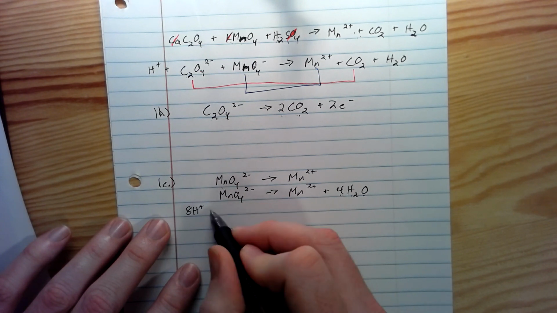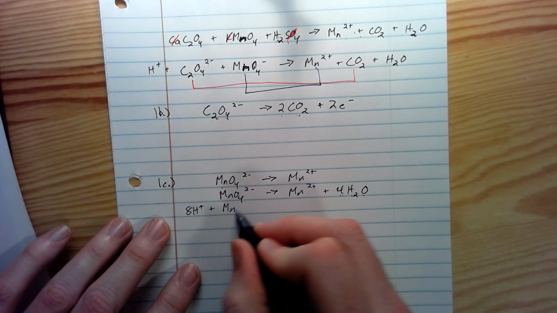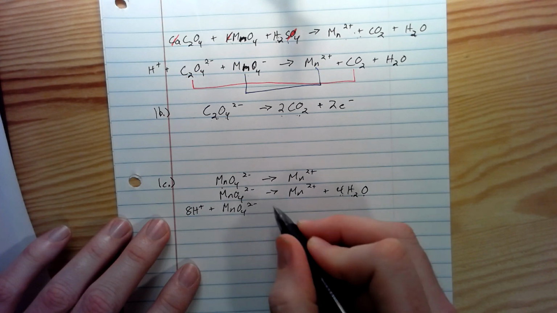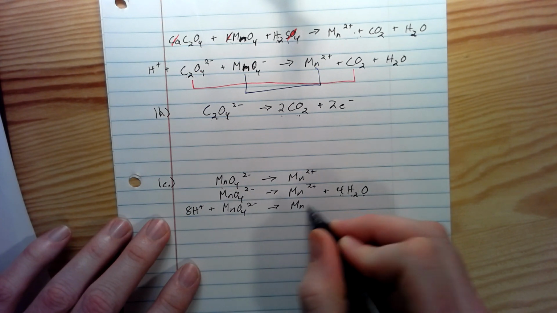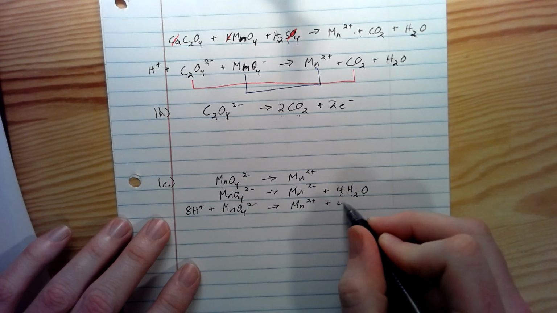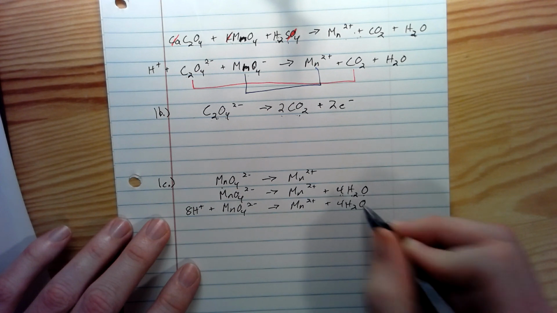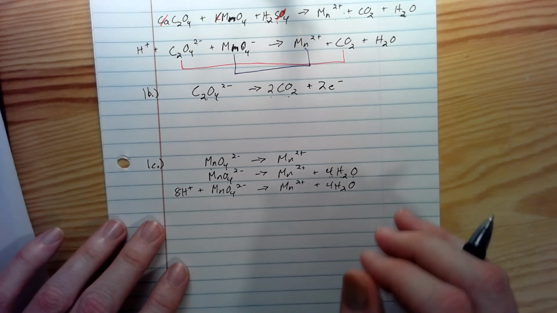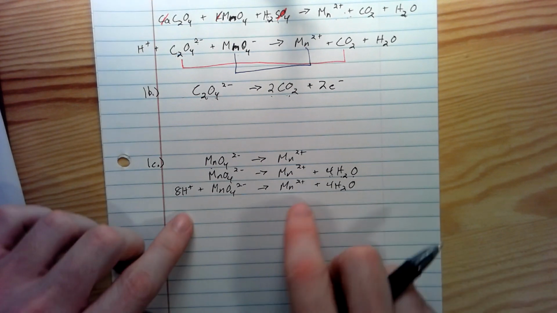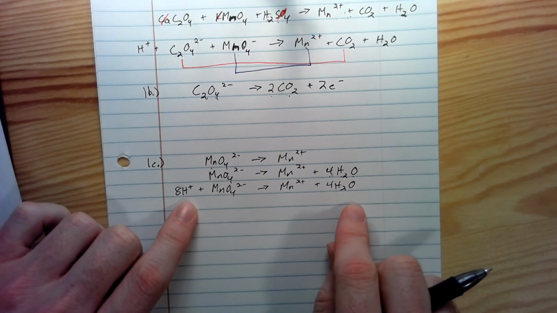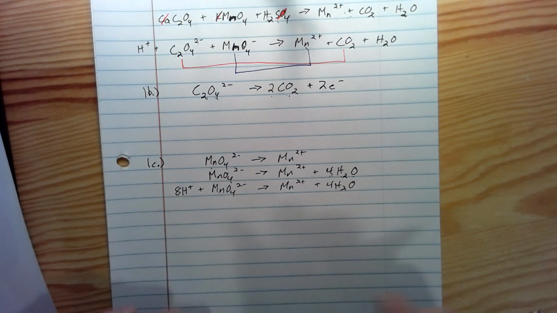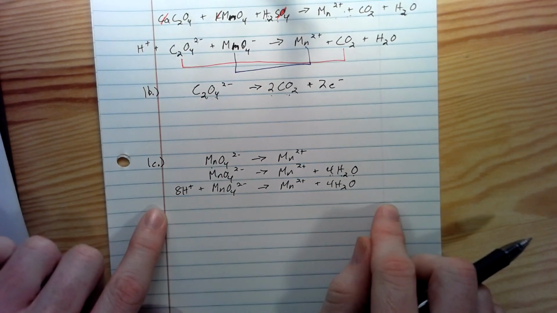Hydrogen is added as H plus. When I explain this, I like to write it out in multiple steps. You don't have to do that. You can just add a term to the right and a term to the left, and keep adding terms to the left and right if you want.